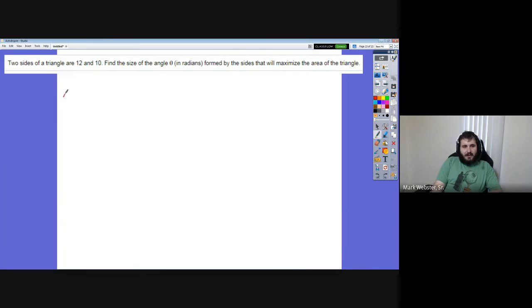So the area, one way to think about area is if you've got any kind of triangle and you know the 2 sides and you know the angle in the middle, 1/2 times a times b times the sine of theta.